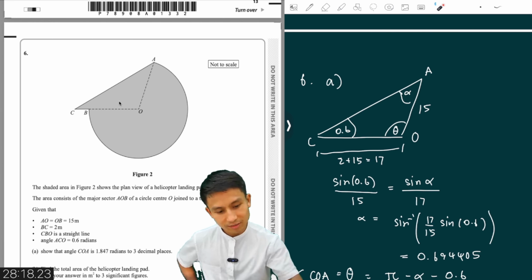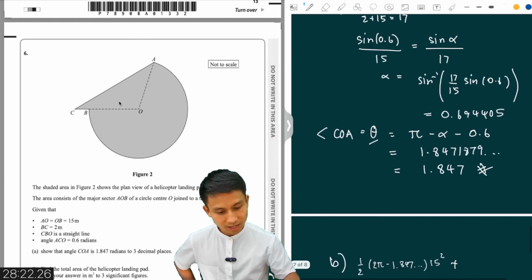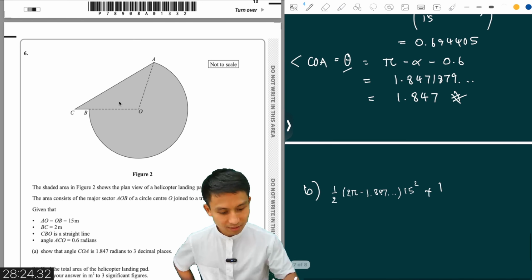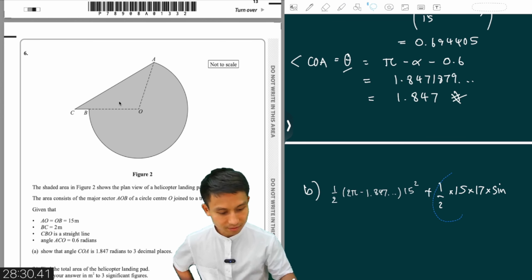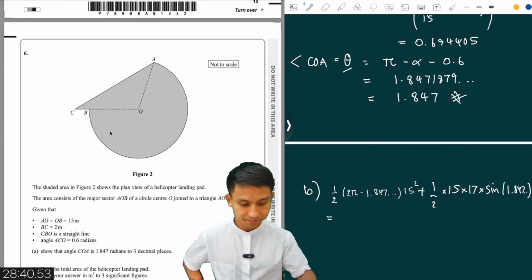I'm just going to use these two sides and this angle here. So that's just half AB sine theta, half times A times B times sine of that angle. The same thing, yeah? 1.847 and so on. So that's the total area.